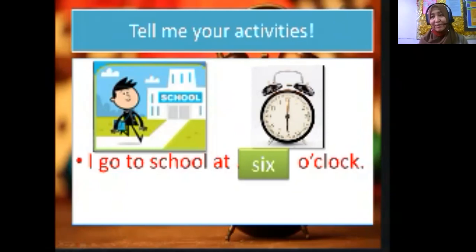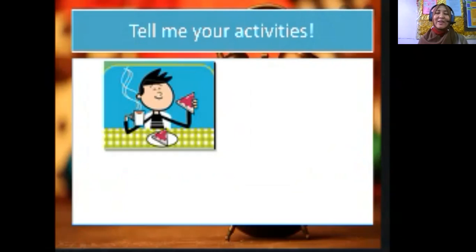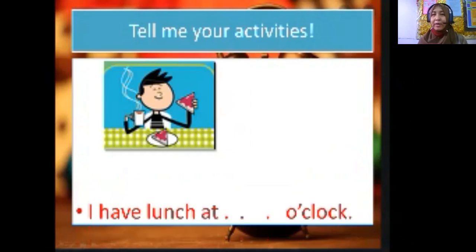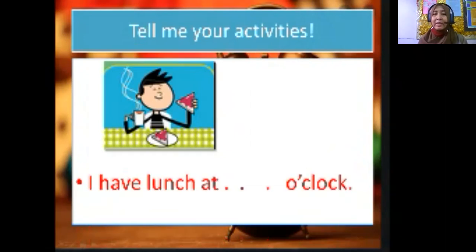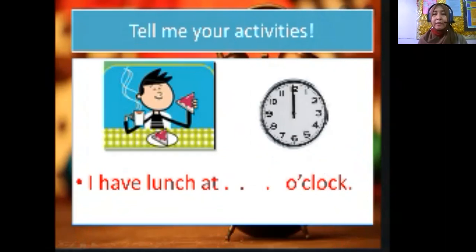How about you? Next. What is the boy doing? Yes, he's having lunch. He said, "I have lunch at," where is the short needle? Both the long one and the short one are on number 12.